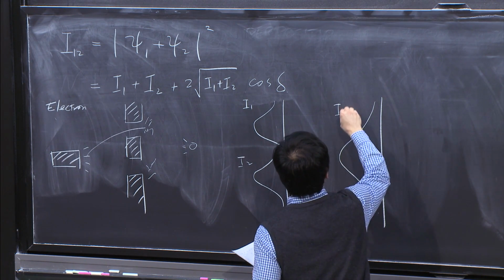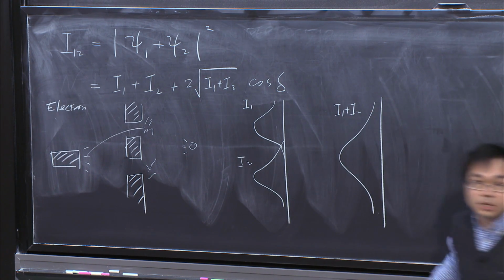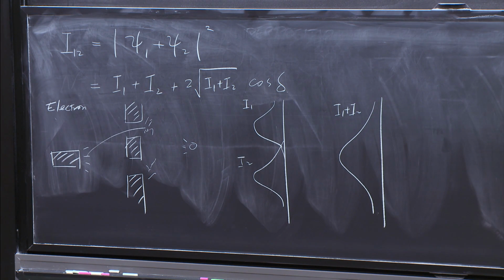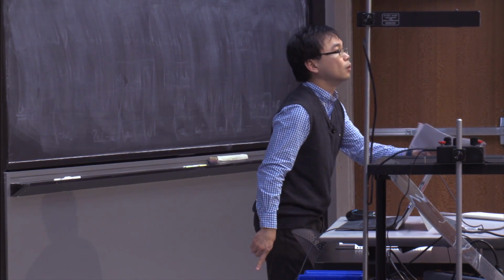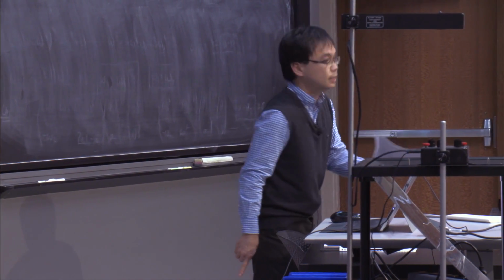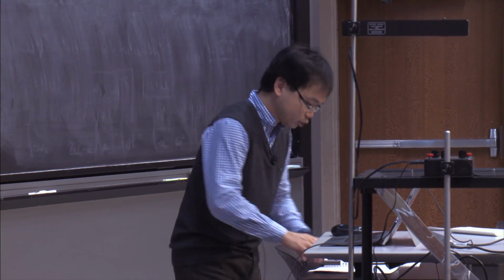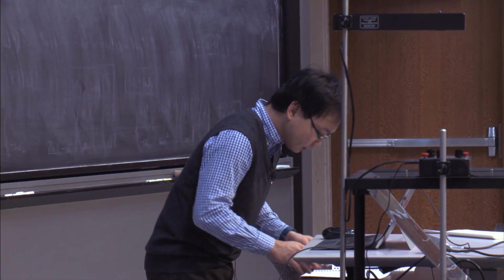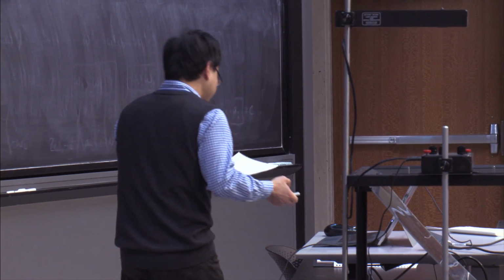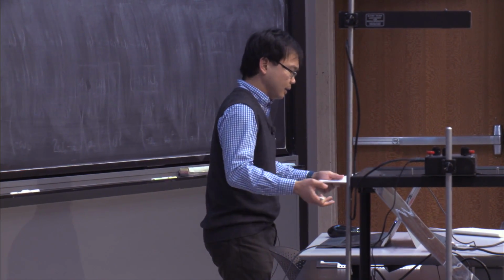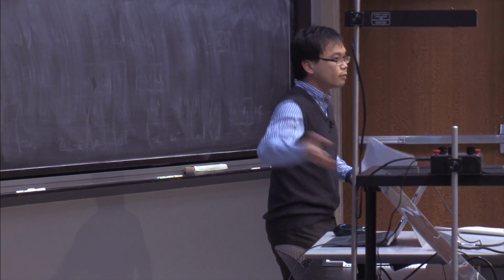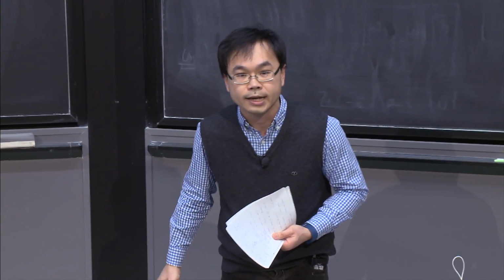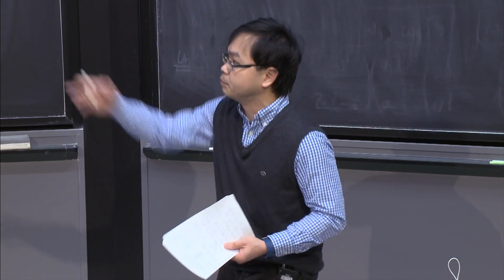It's like I1 plus I2. There will be no interference. Why is that? That is because you know very precisely which slit the electron passed through. We can also say that the electrons are disturbed. Therefore, they now behave like bullets or like billiard balls.